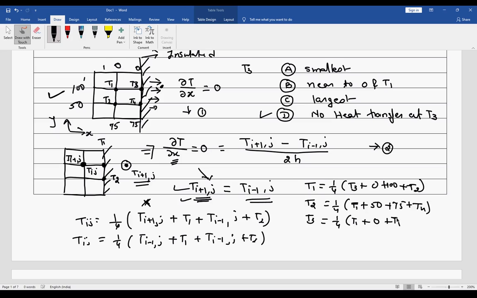So T1 again back plus T4. And T4 will be equal to 1 by 4 of T2 plus T3, this virtual one being equal to T2, so again T2 back, plus 75. So this is the way I could set up these 4 equations.